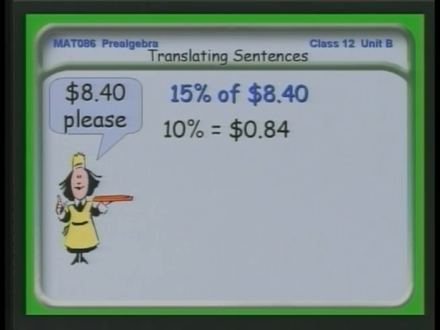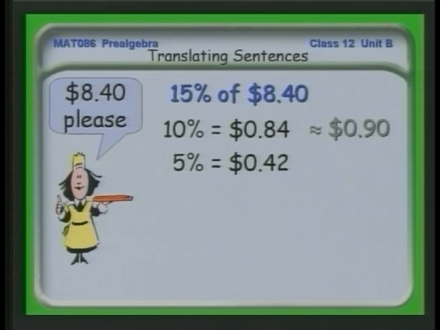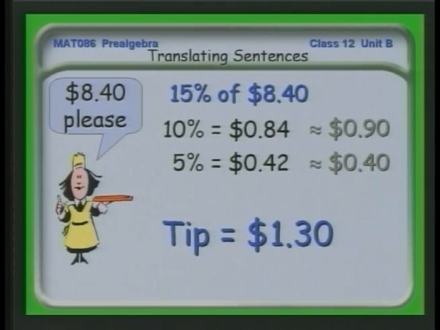That gives me 0.84, so 84 cents is 10%, and we can round that off to about 90 cents. Then half of 0.84 is 0.42, round that off to about 0.4, and we see that we've estimated the tip at $1.30.